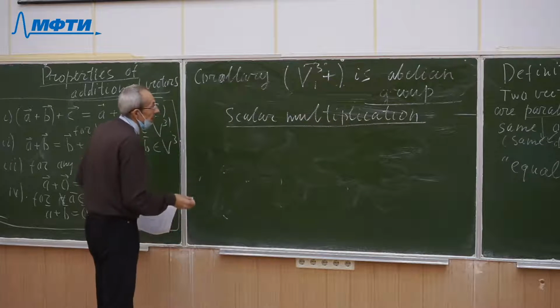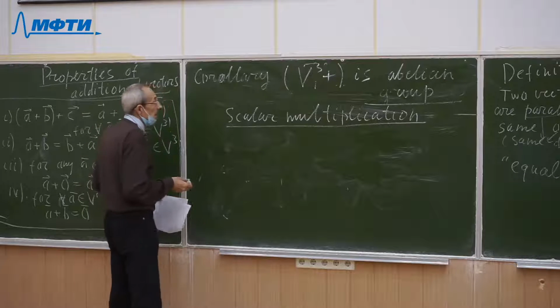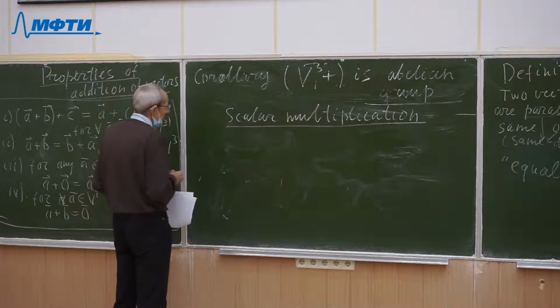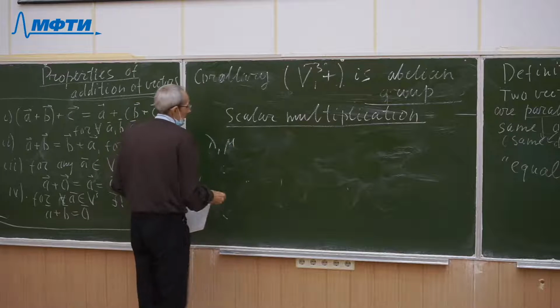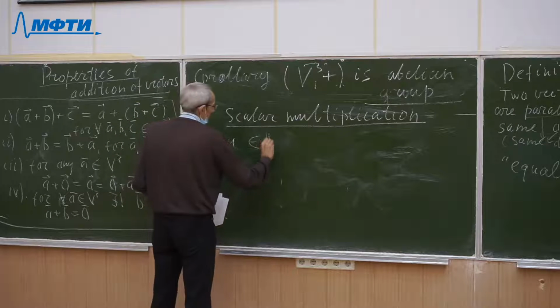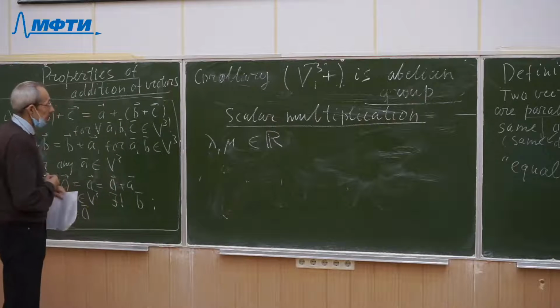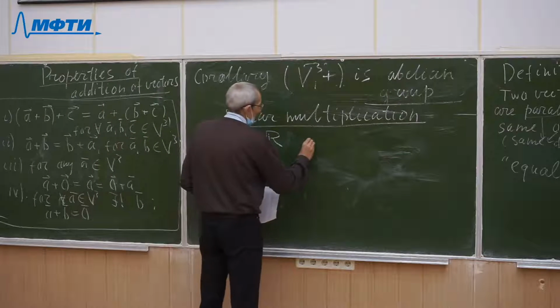We'll consider the real numbers, and these numbers will be denoted by Greek letters lambda, mu, and we'll call the real numbers scalars.